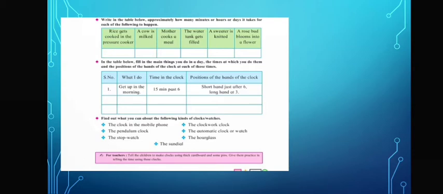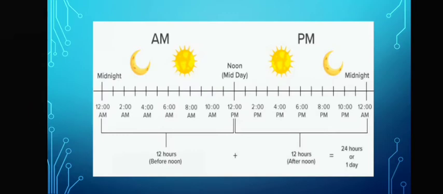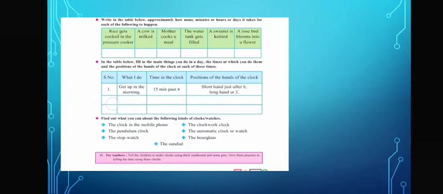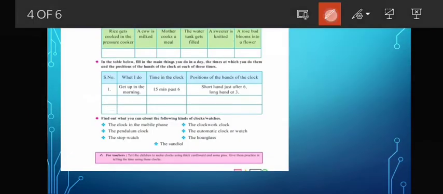Rice gets cooked in the pressure cooker. How many minutes will it take for rice to get cooked in a pressure cooker? Ask your mother how much time it will take.